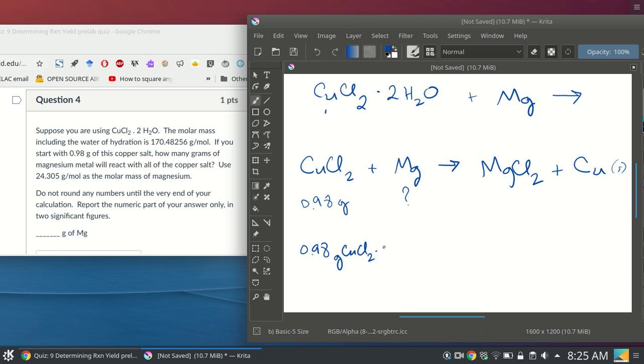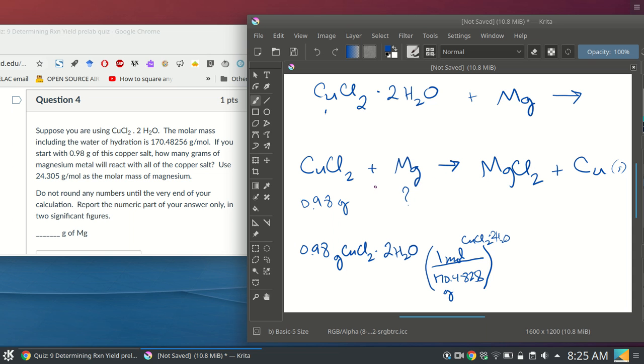So I'm starting with 0.98 grams of this, and the molar mass is given right here, 170.48256 grams in 1 mole of CuCl2. Why do I need the moles here? It's because I'm about to use this chemical equation.